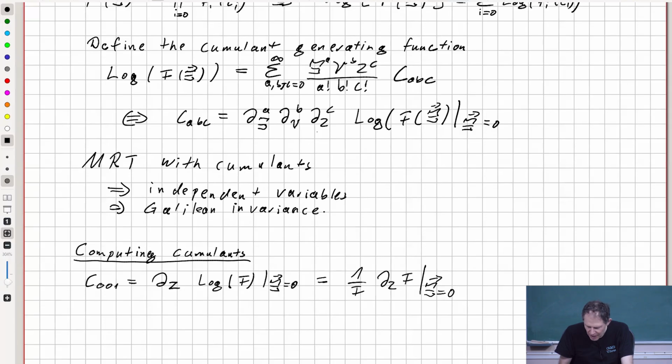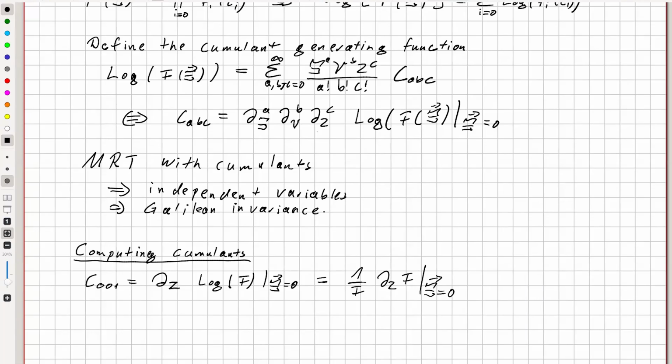From here on, you use the definition of the moments, because you know that the first derivative in zeta of f at xi equal to 0 is m_001, right? But then you have 1 over f.